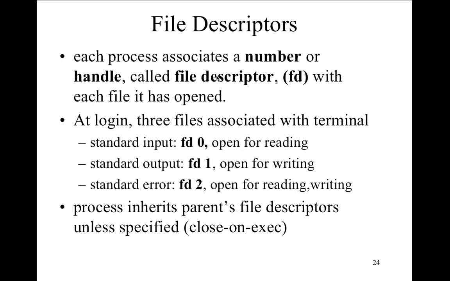Another important feature to consider in terms of files and processing on a Unix platform is this concept of the file descriptor. Each process associates a number or a handle called a file descriptor, or FD for short, for each file that is opened. Because here's the thing, you don't want to actually read and write directly to the secondary storage or to the file.